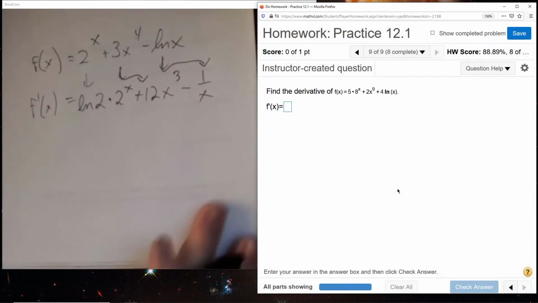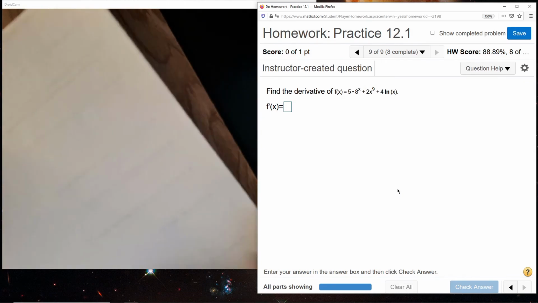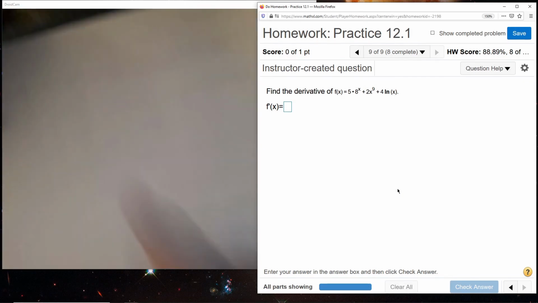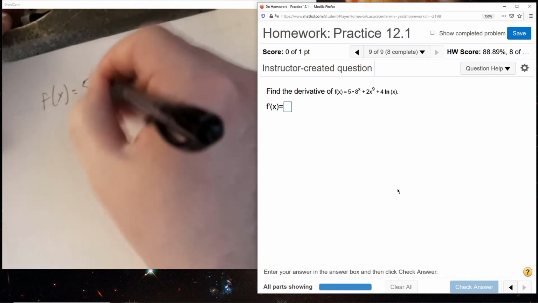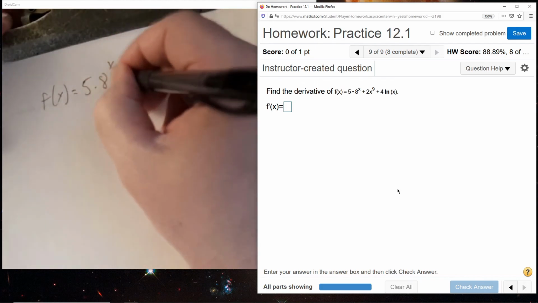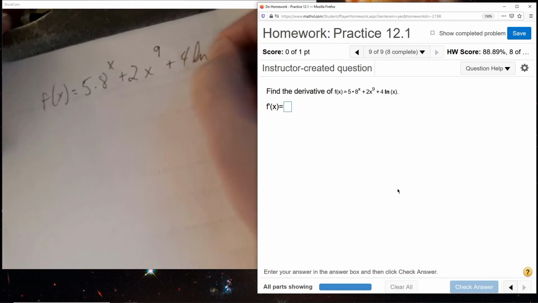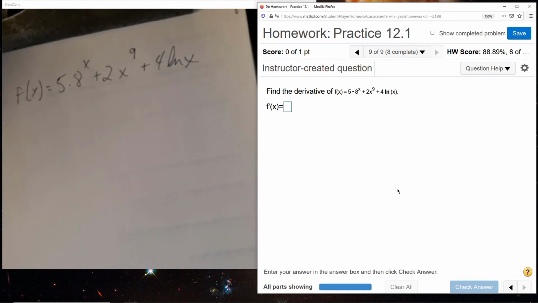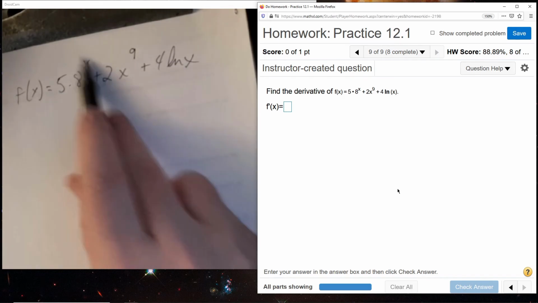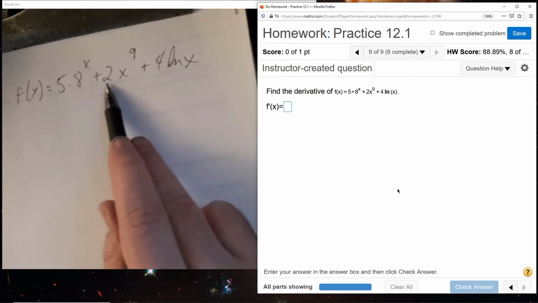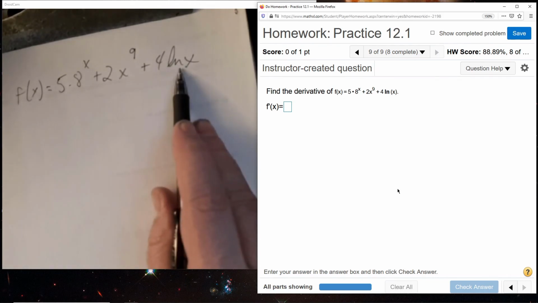And the last one, so we have an exponential pattern, a power function, and a log.